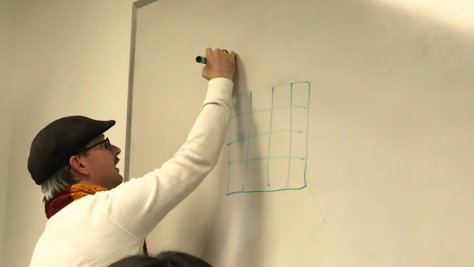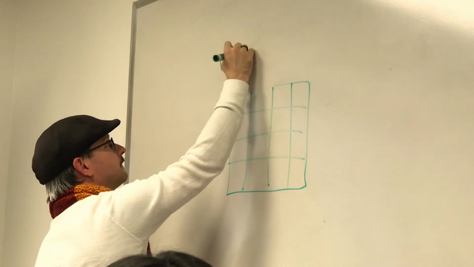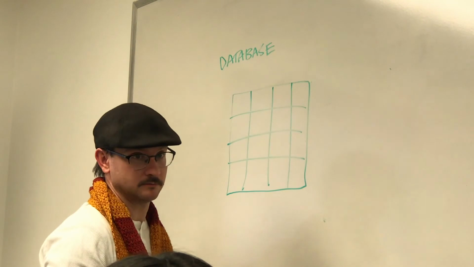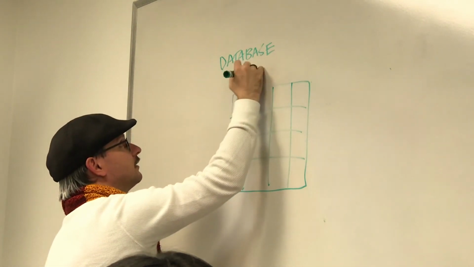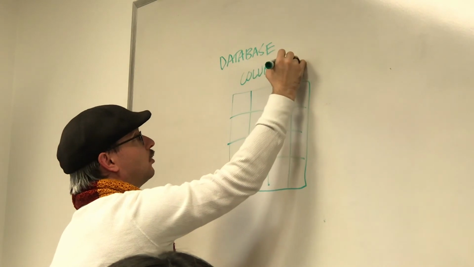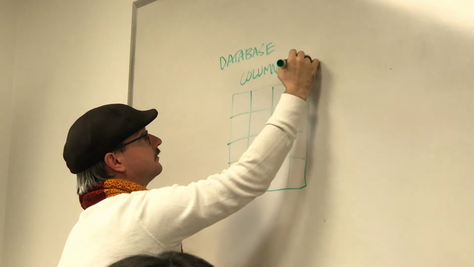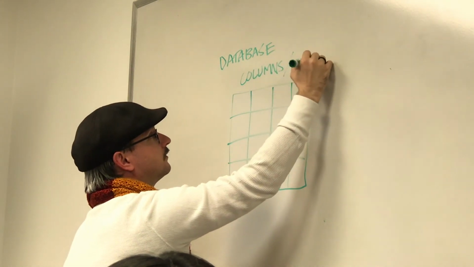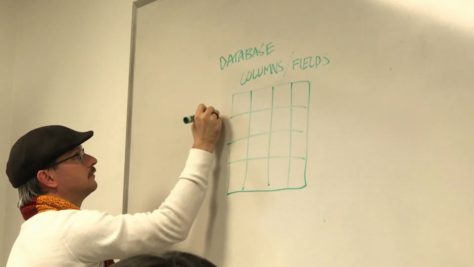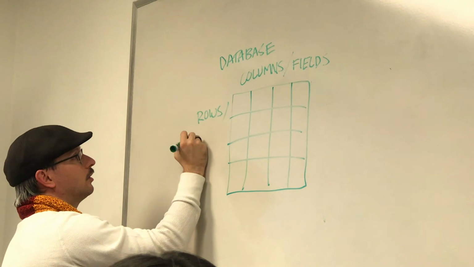So we've got a database. We've got columns or fields. And we've got rows or entries.